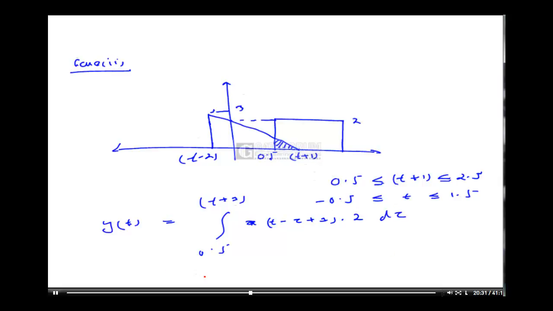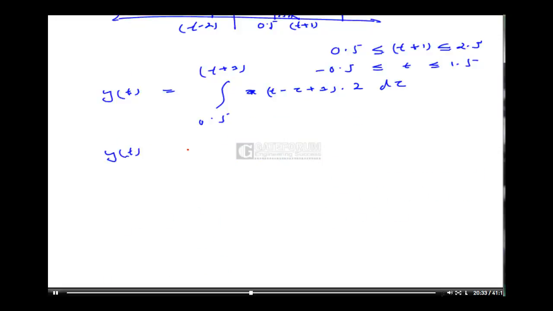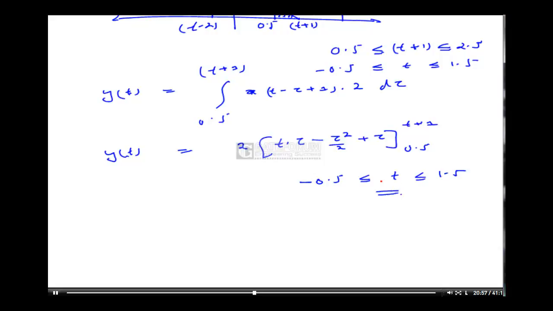On solving this expression, we will get yt equal to 2 times t tau minus tau square by 2 plus tau, from 0.5 to t plus 1. This will lie between 0.5 less than t less than 1.5. Okay, this is the second expression for yt. Now case third. In case 3, what will happen? See this.